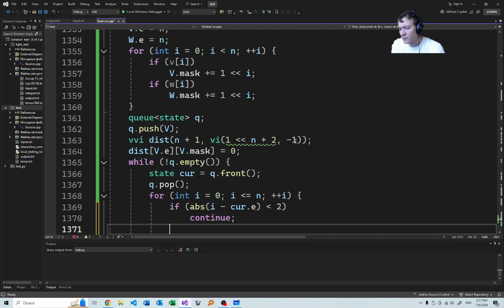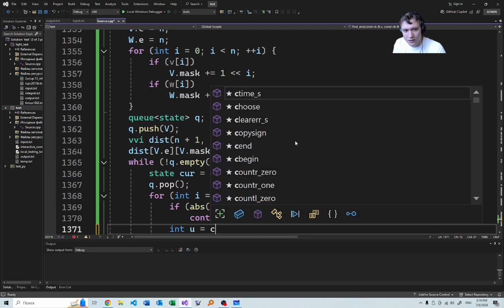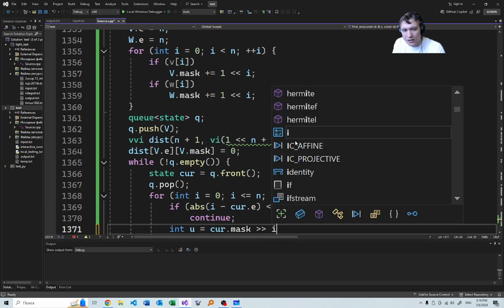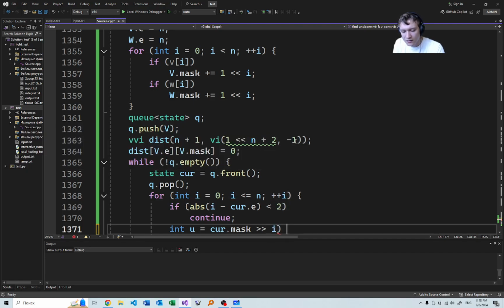Then I need to swap it. How do I swap it? So I take the mask of these 2 elements, cur.mask shifted by I and then taken 3.